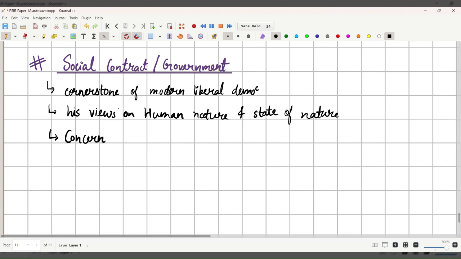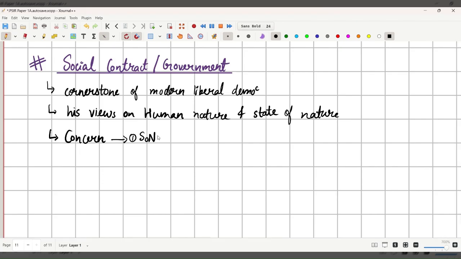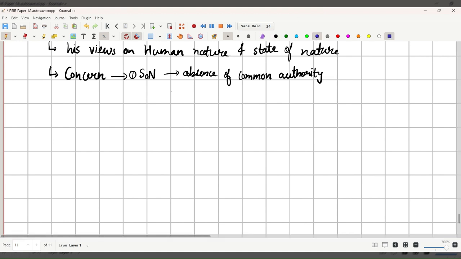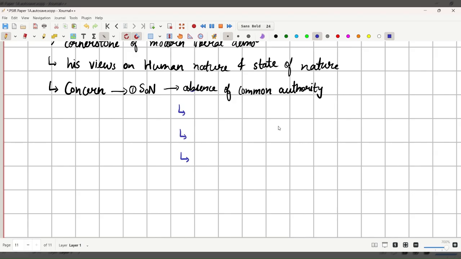The issue is that the state of nature is inconvenient due to the absence of a common authority.